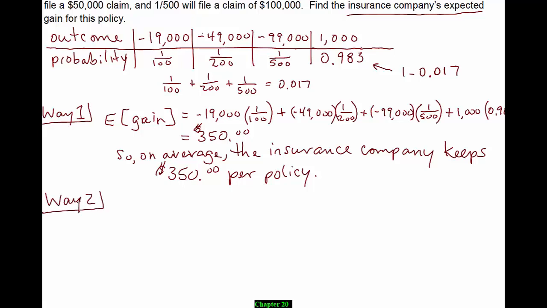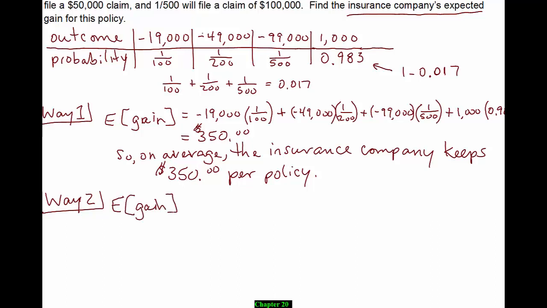Way 2, remember, uses the original amounts and then subtracts the amount that was spent on a ticket. In this case, we'll add the amount that a policyholder pays for their premium. So way 2 would look like this.